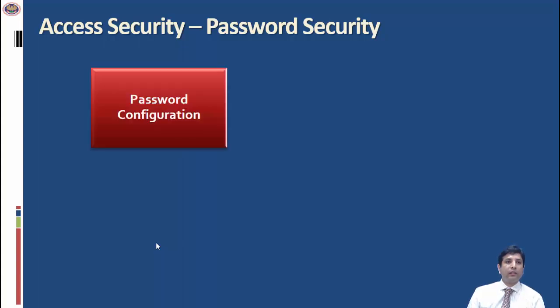So password is basically a secret code, you can say, that is used in combination with the user ID to gain access to an IT system or an application. Because of the sensitive nature of password, unauthorized users, including hackers, most often target the passwords. So any hacker would like to find out your password, and if the password is weak, it is easy to crack it.